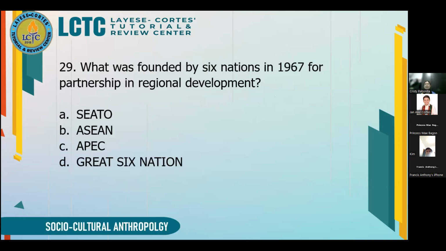29. What was founded by 6 nations in 1967? So, be particular with the year. For partnership in regional development. Is it SEATO, ASEAN, APEC, or Great Six Nation?